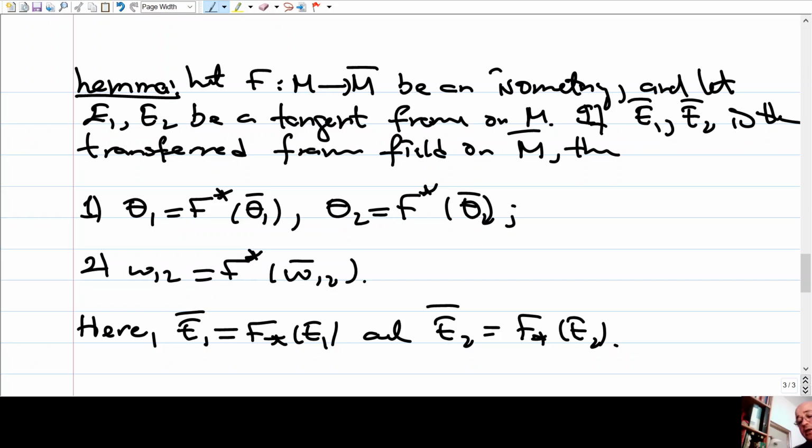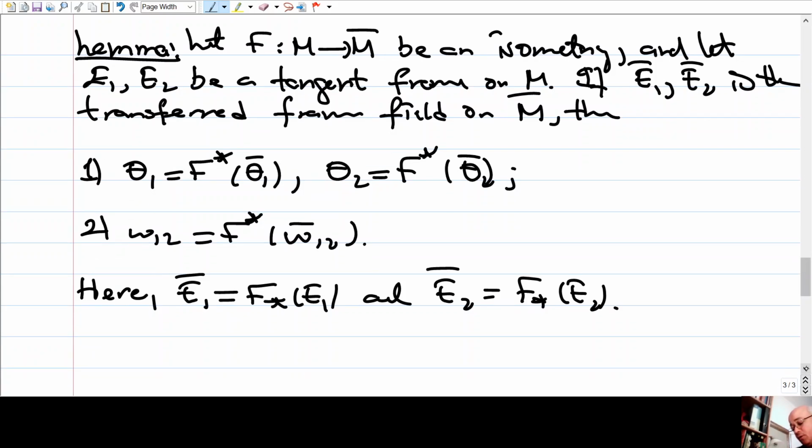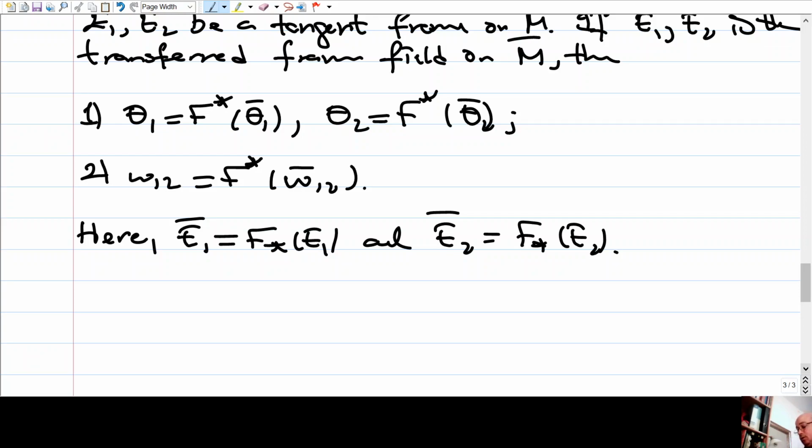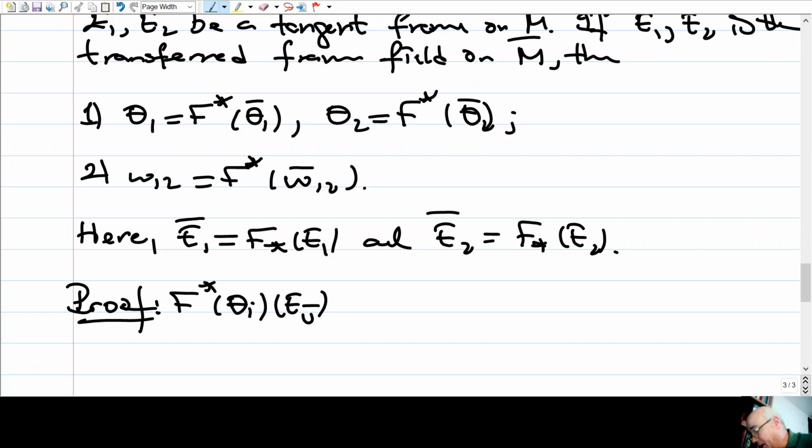You obtain new connection form and one forms, and when you pull back those forms by f star, you get back the dual forms and connection forms on M. This is, of course, something straightforward. Let's see the details of the proof. Well, f star of theta i on the vector Ej, theta i bar.